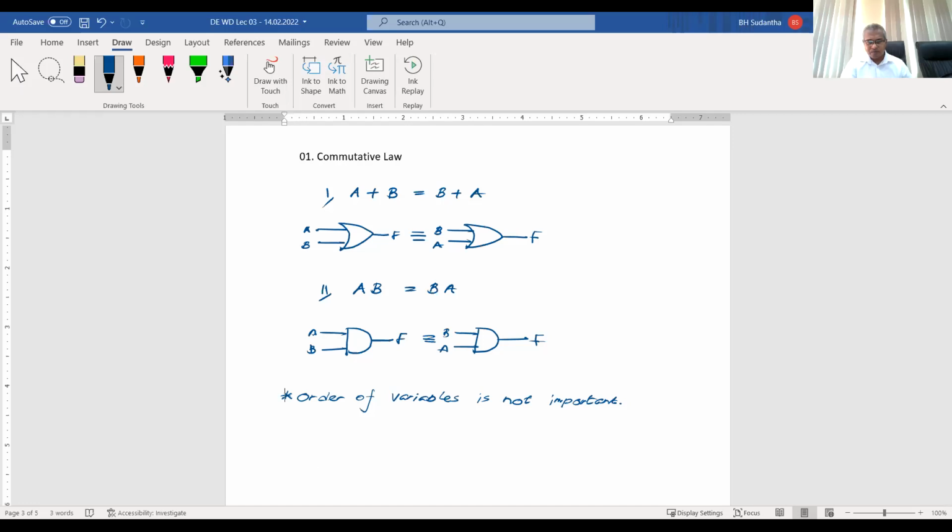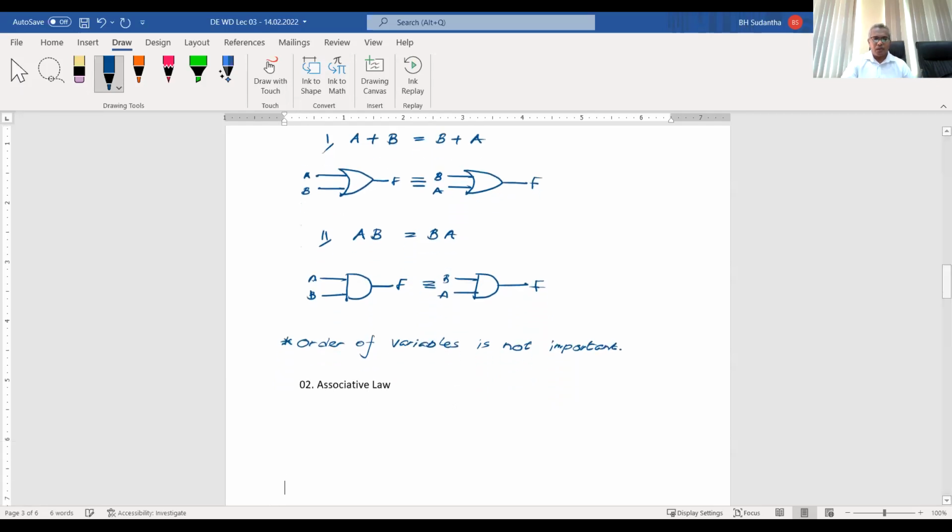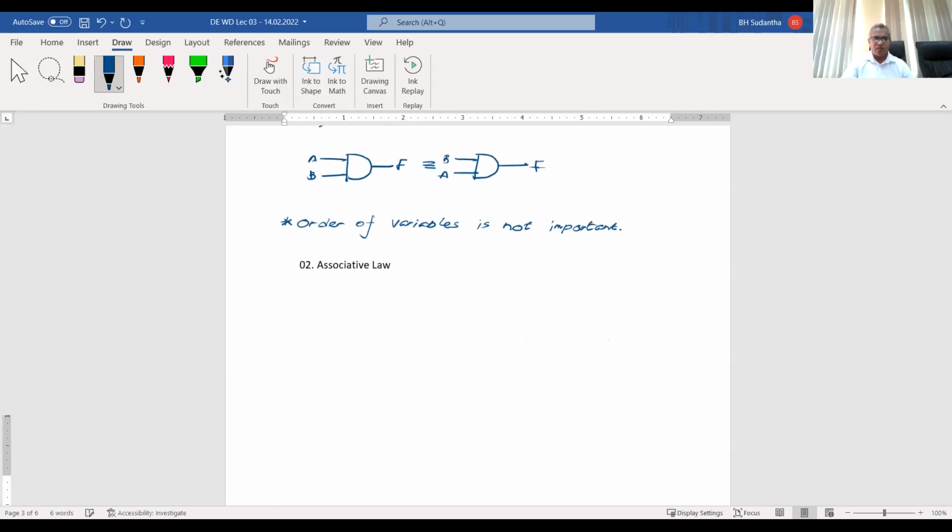The second one, associative law. Again, it has two parts.